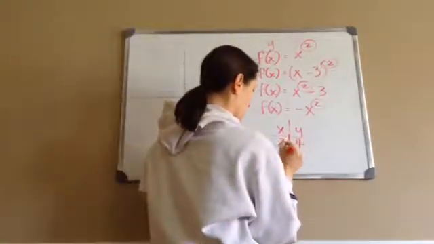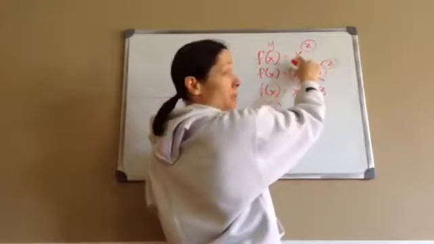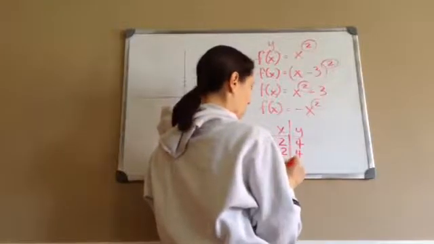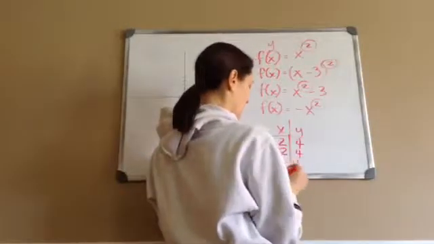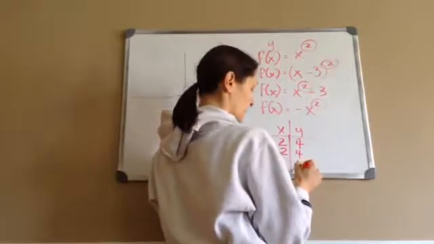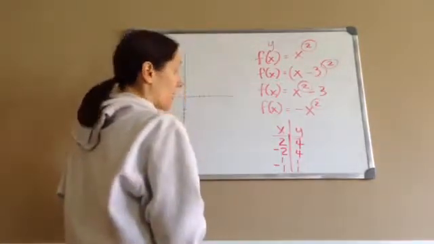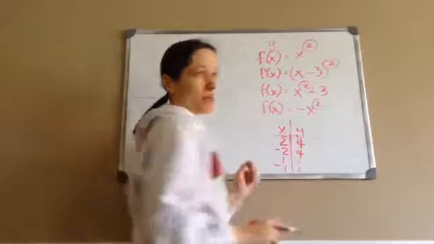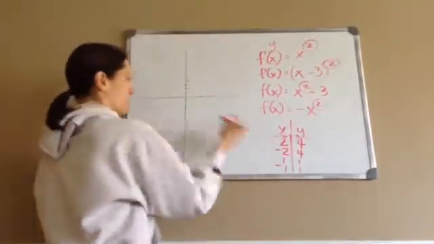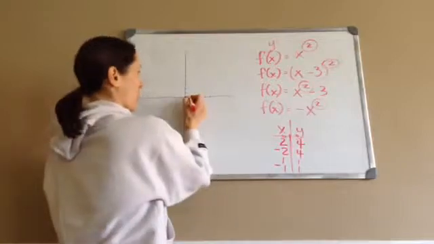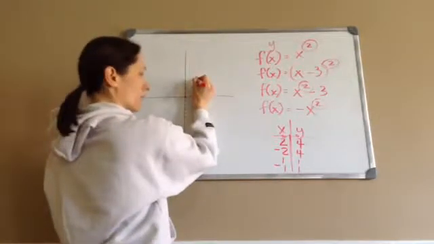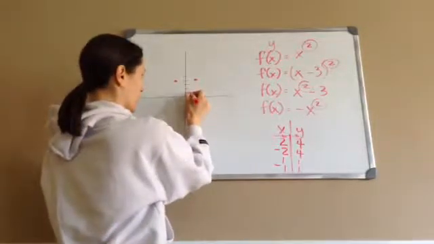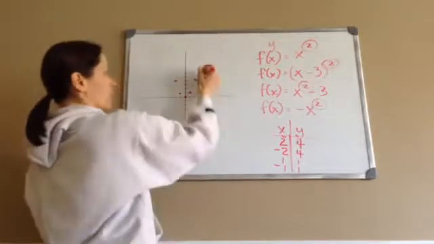Negative 2 times negative 2 would be positive 4. 1 times 1 is 1, and negative 1 times negative 1 is still positive 1. And even 0, 0 squared is 0. Okay, so let's graph this. 0, 0. 1, 1. 2, 4. Negative 1, 1. Negative 2, 4.